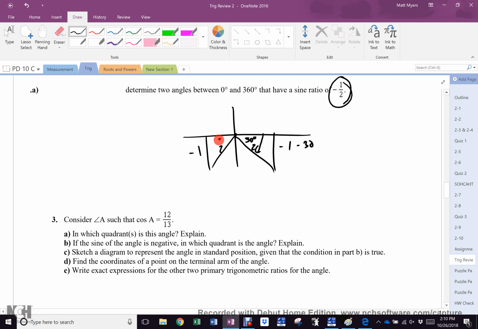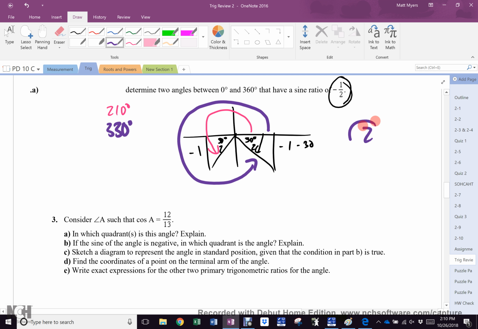Which means this is 30, correct? Because the reference angles are the same. What is this around to there? 210. What is this around to there? 330. 2 marks. Because you had to understand the coordinates and be able to find your answers.